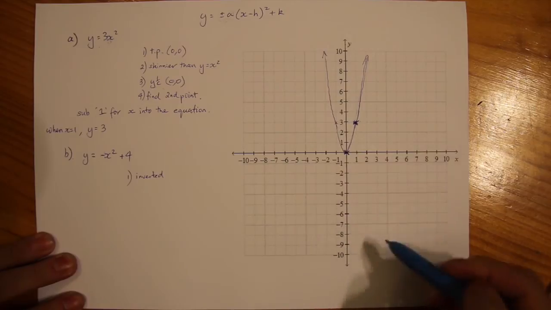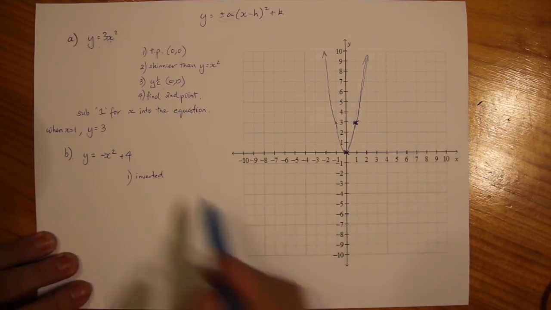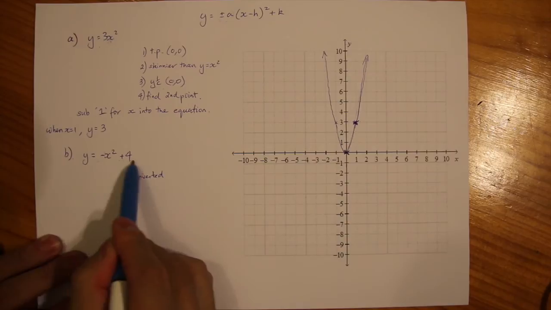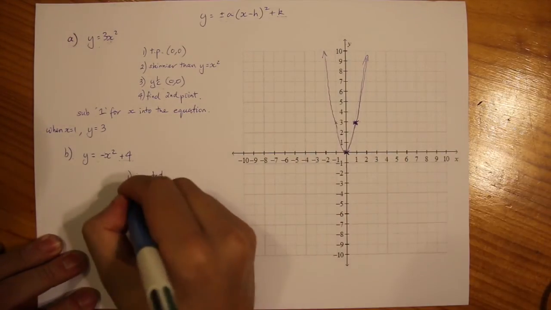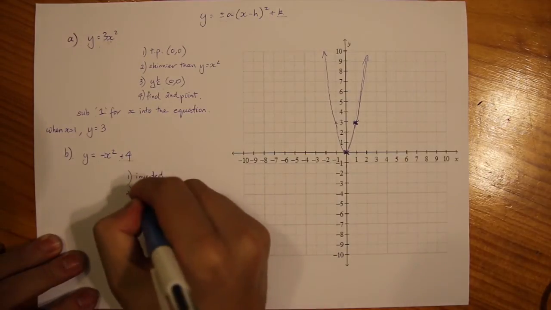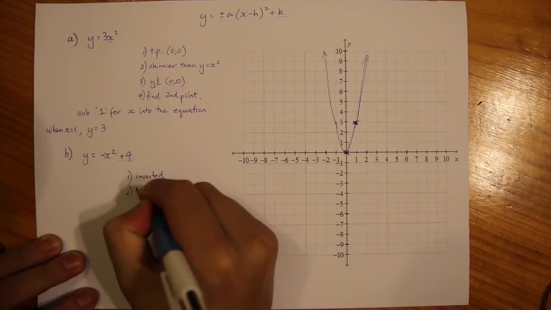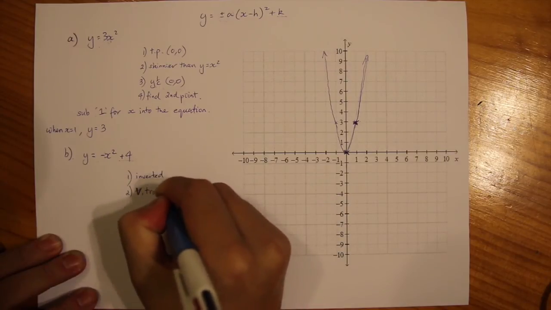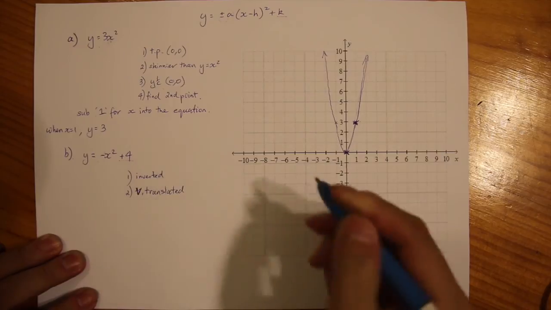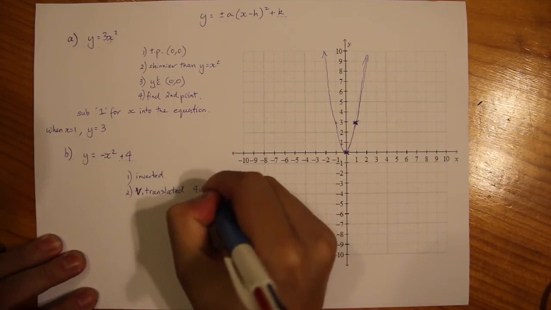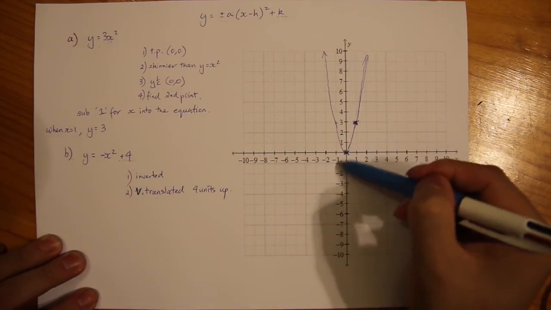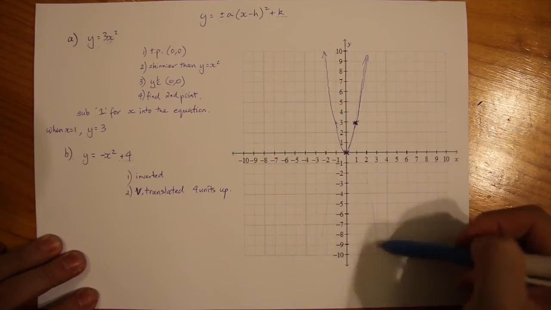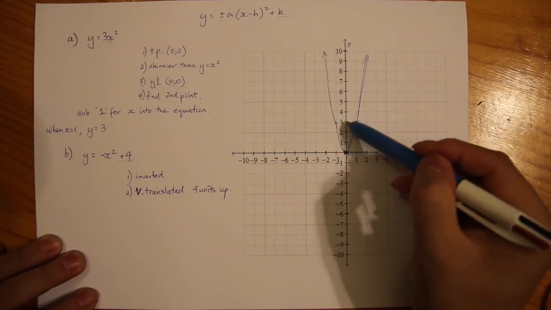It's going to be an upside down parabola. The other thing we know is look at the 4, which is representing k. It's going to be vertically translated 4 units up. So if this is negative x squared there, it's actually going to move 4 units up.